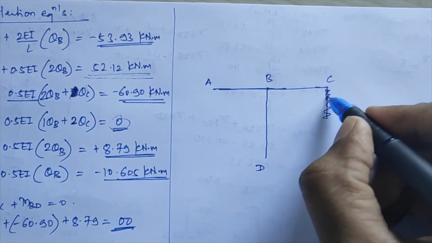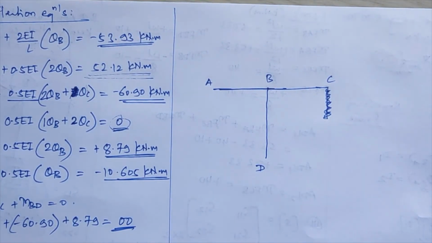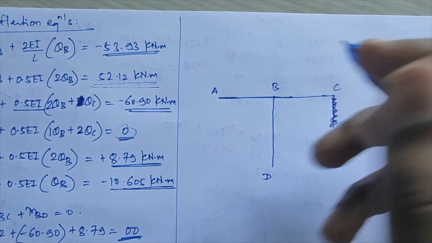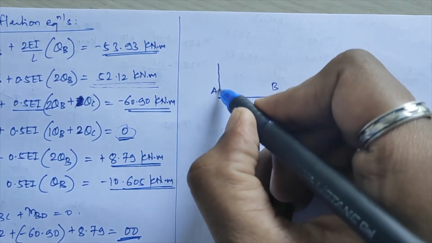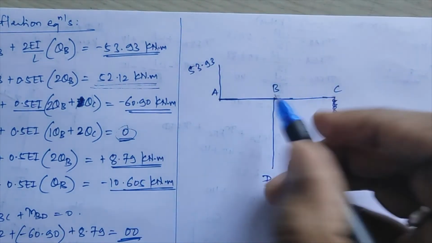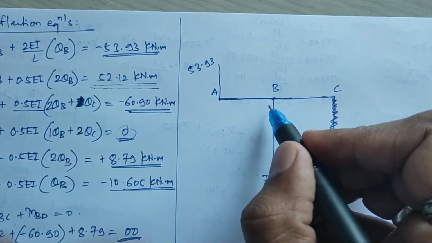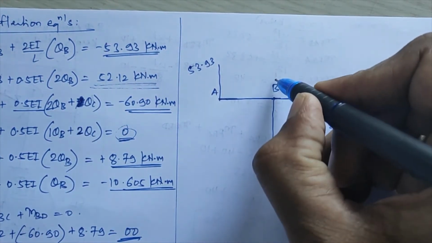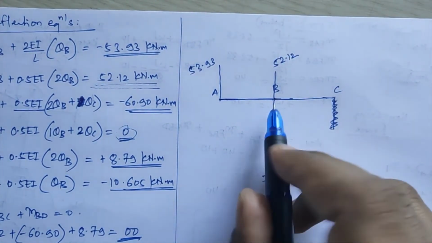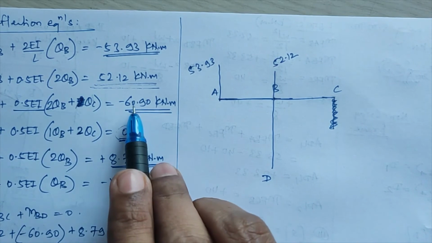At A you are having moment as minus 53.93. As per your sign convention, this will be drawn on the upward side, that is 53.93. Next, for BA I am getting 52.12, so again that will be positive. Next, for BC, I am getting negative 60.90.